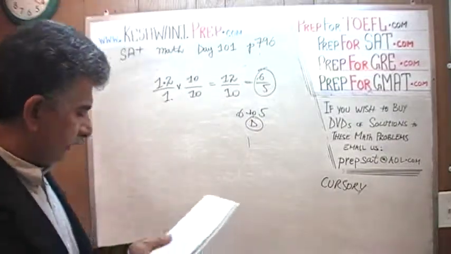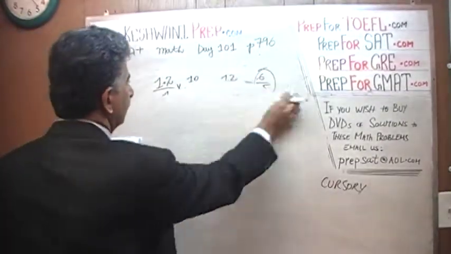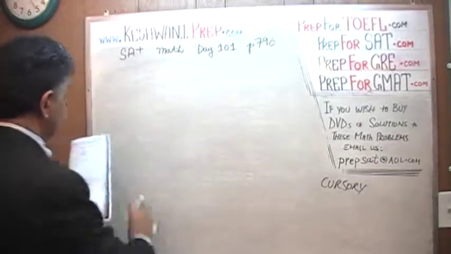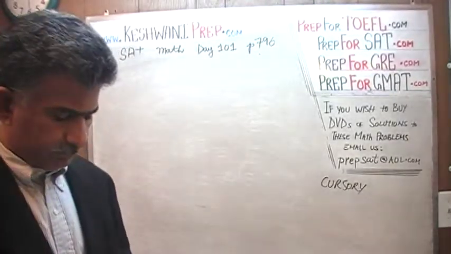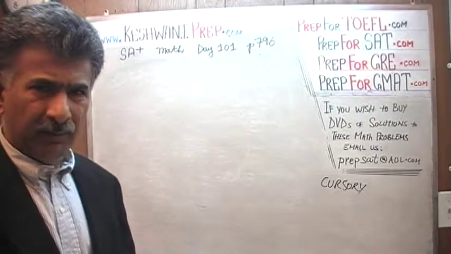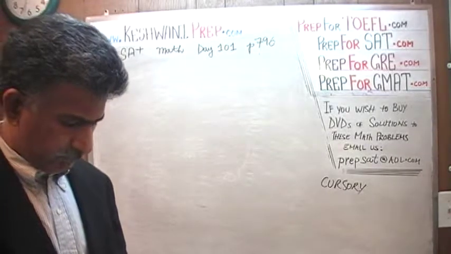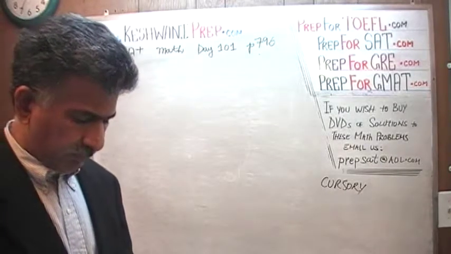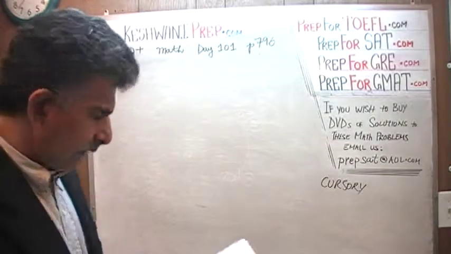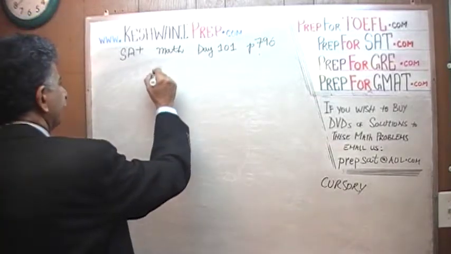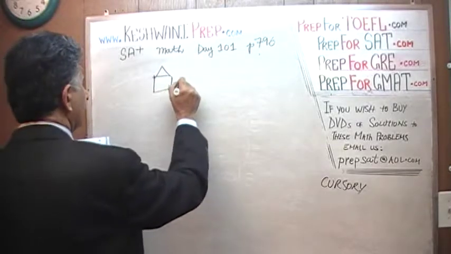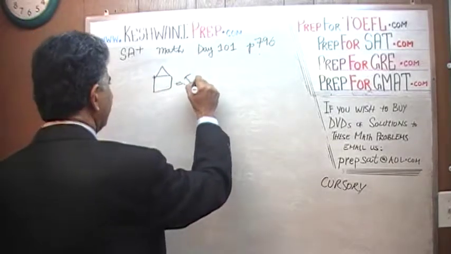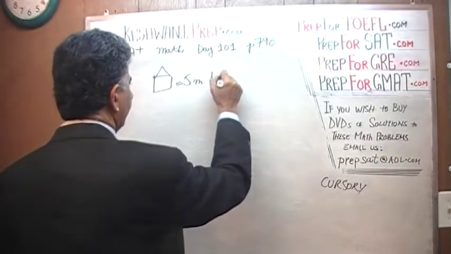Let's look at the very last one, number 6. The legend of a certain pictograph shows the symbol here that equals 5 million houses.